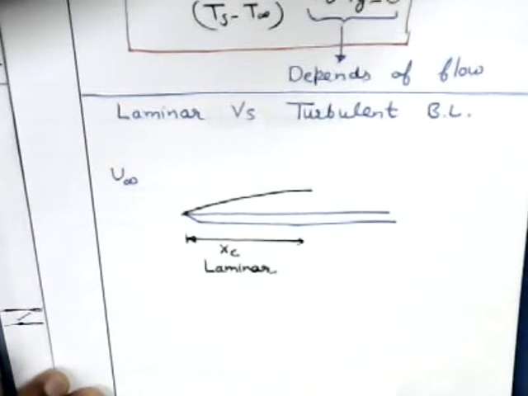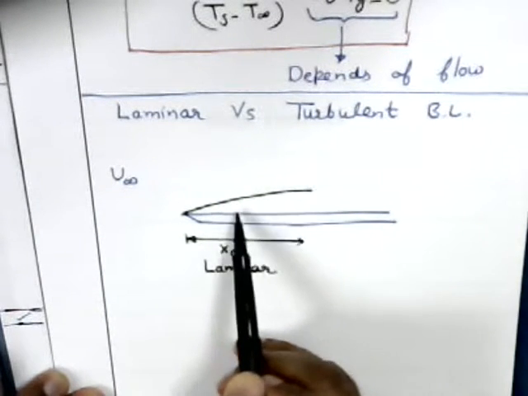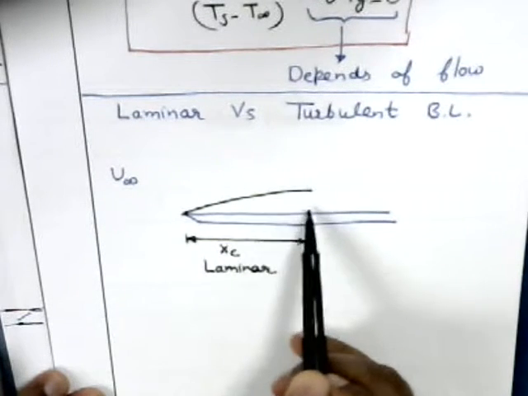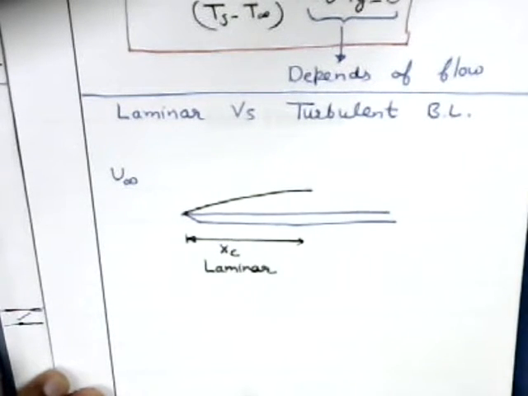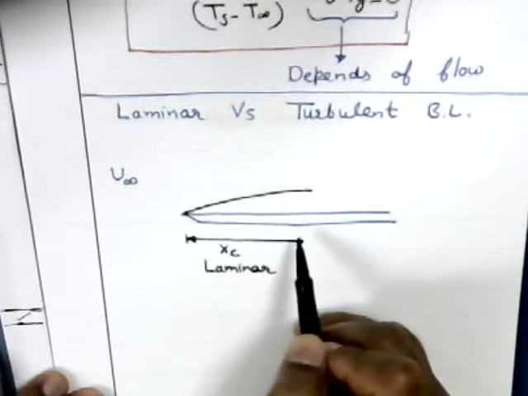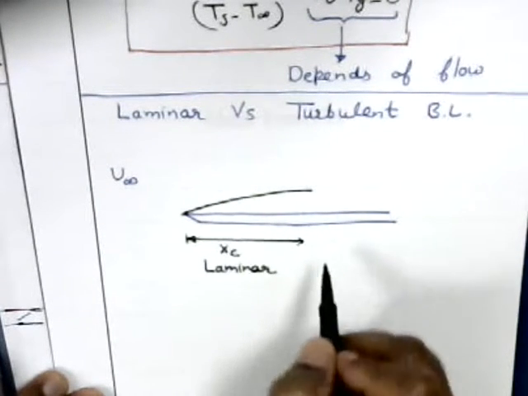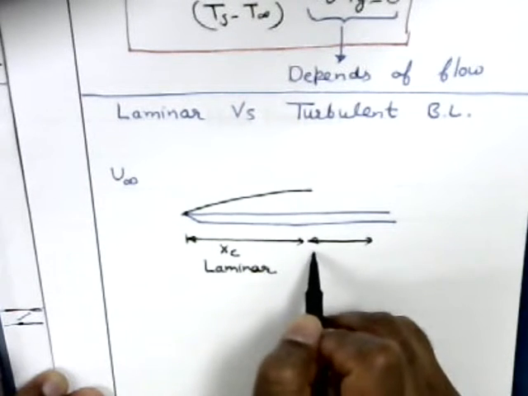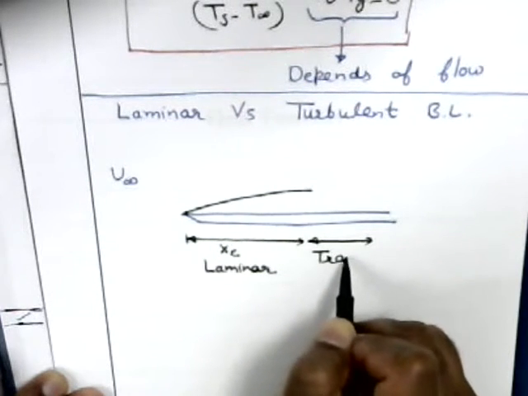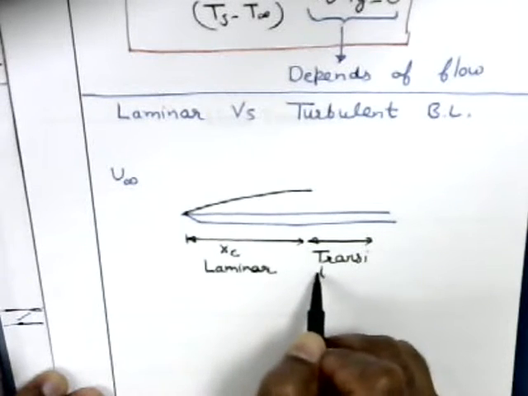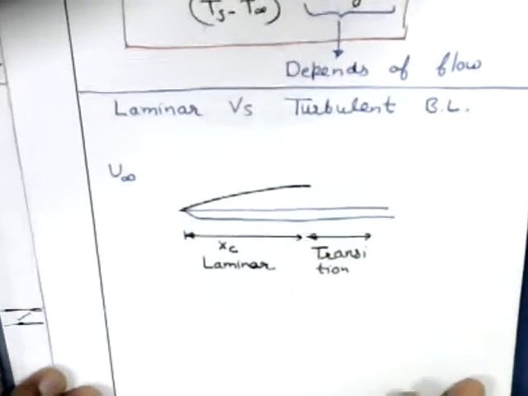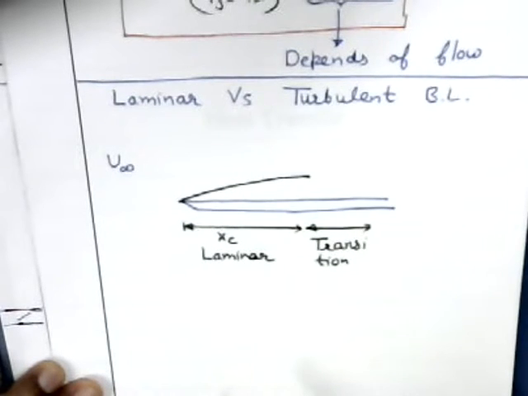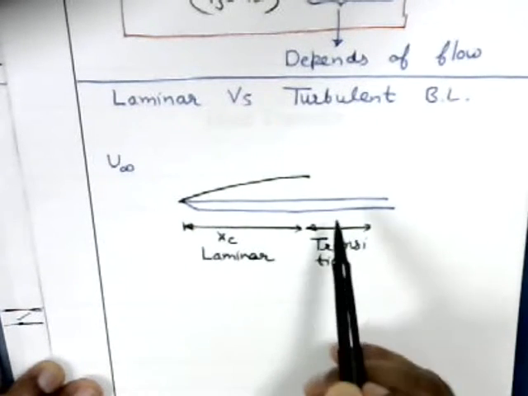What that means is fluid particles are actually moving nicely in layers. This is the direction of flow and fluid particles are moving in layers. At this distance, there is transition. So there is a region in which there is transition, and the flow is sometimes laminar and sometimes turbulent, or it could be a mix.